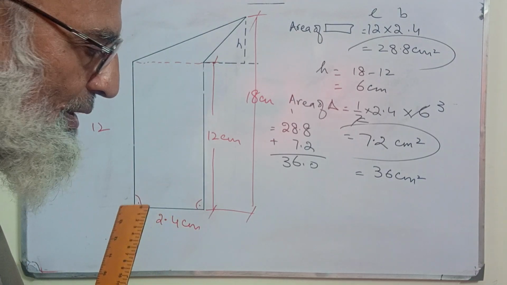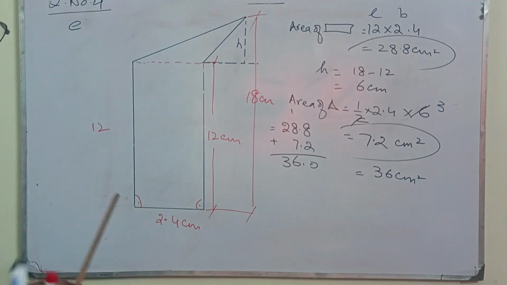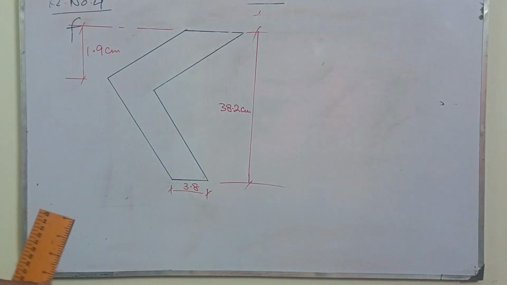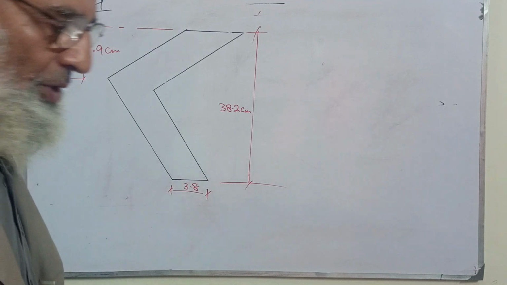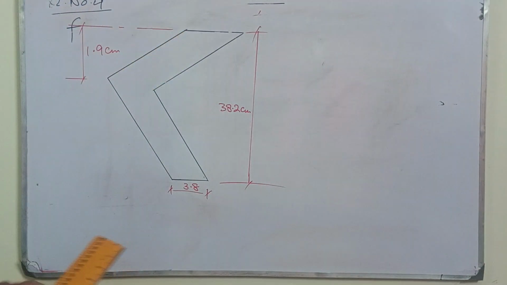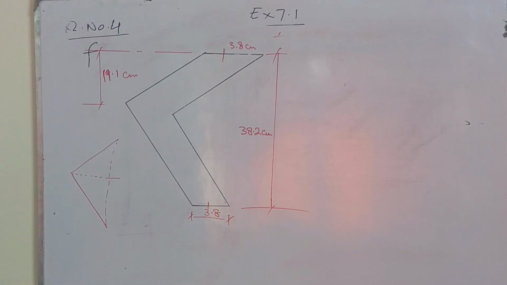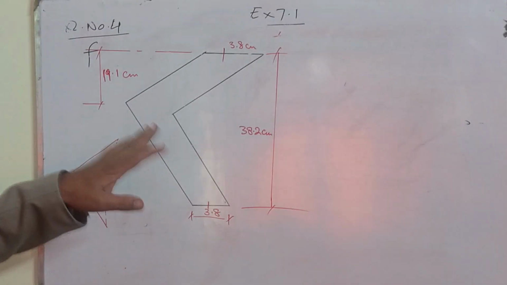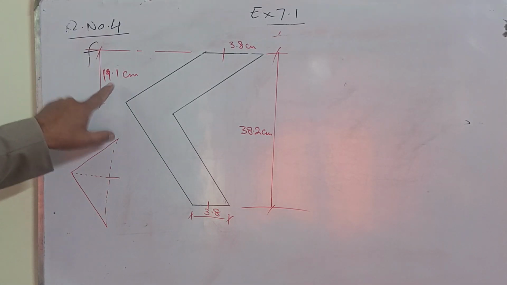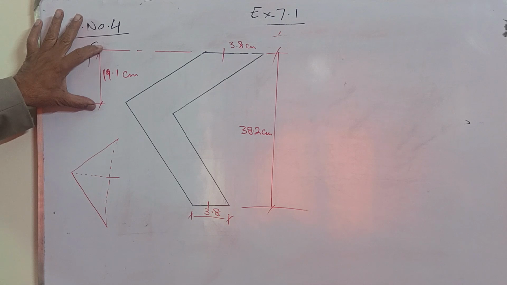Now, my dear student, part F and part G. This is the second last part of this question, and a V sort of figure is given. As you can see, this is the figure given to you in question number 4, part F. This height is 19.1 centimeters.